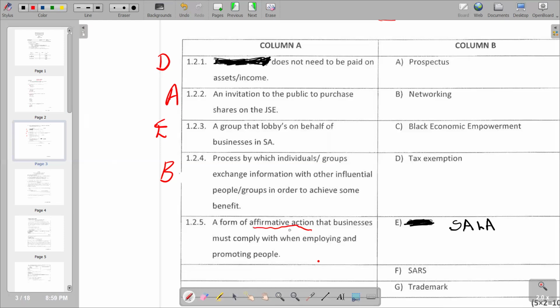Our statement is a form of affirmative action that business must comply with when employing and promoting people. The one that benefits marginalized groups, the disadvantaged groups, is Black economic empowerment, which becomes the correct response. So we've got C as the correct response on 1.2.5.